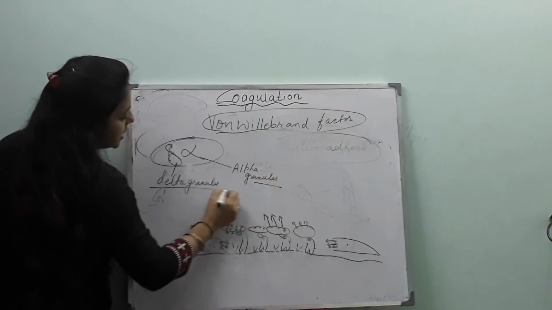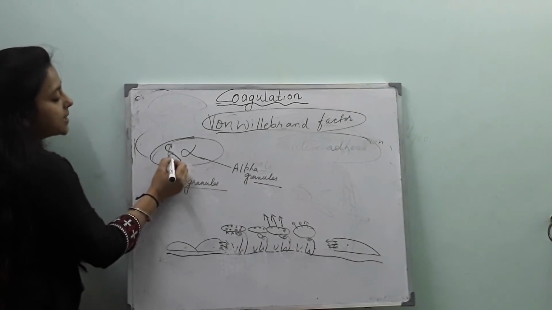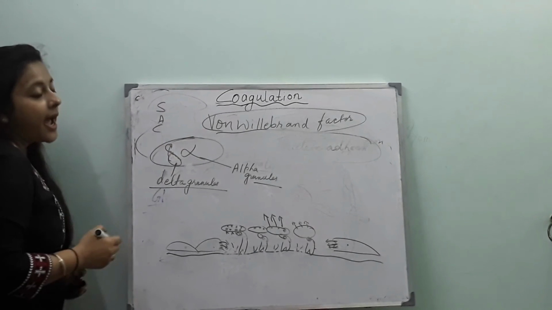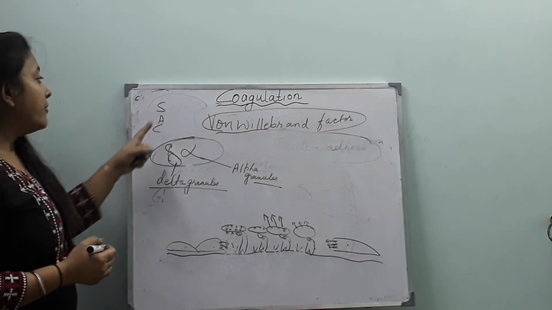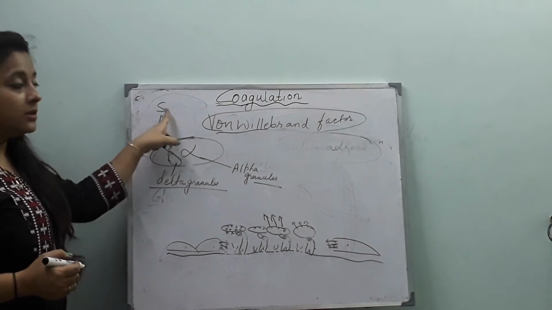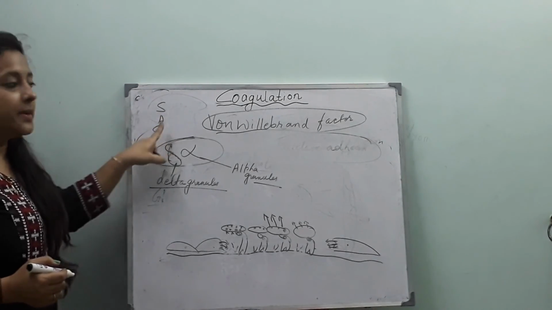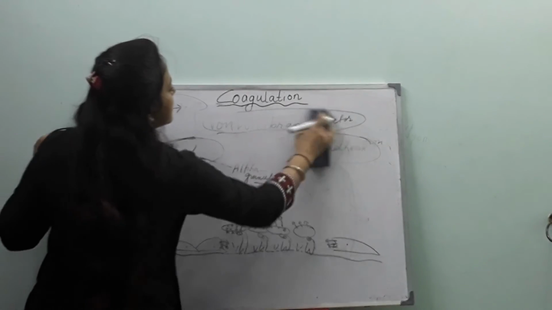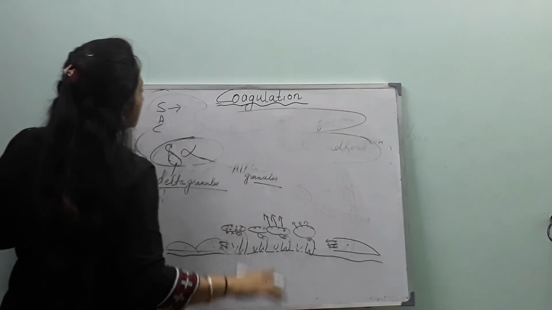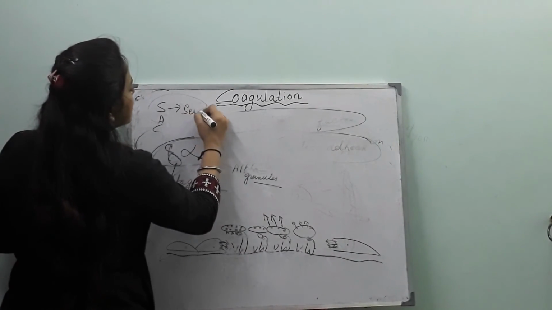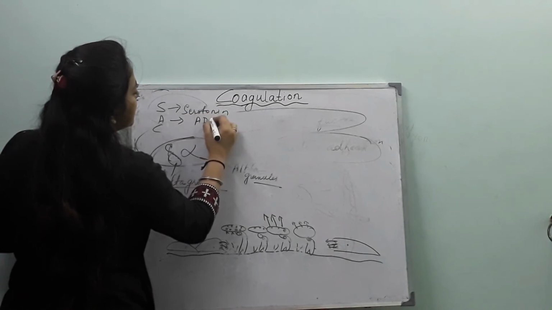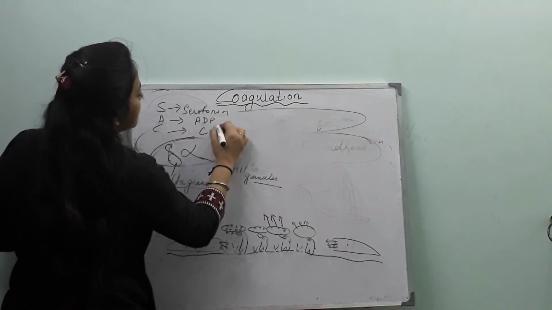Delta granules look like a sac, SAC. Delta granules have S, serotonin, A, ADP, and C, calcium. It has serotonin, it has ADP, and it has calcium.